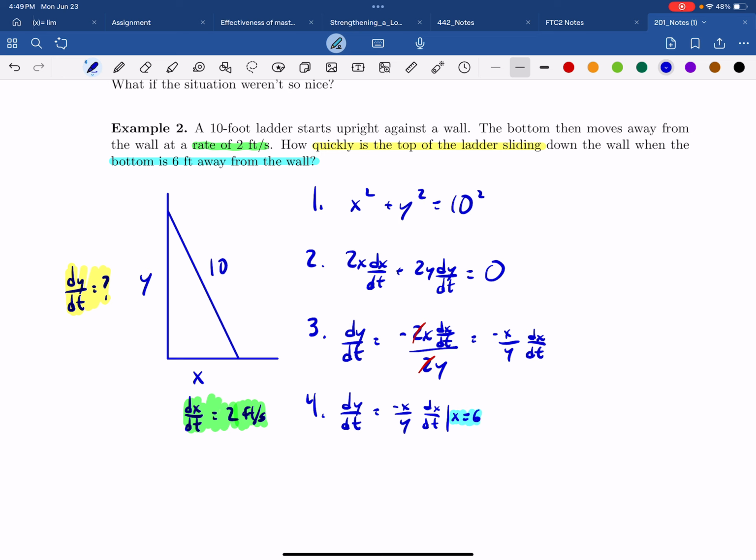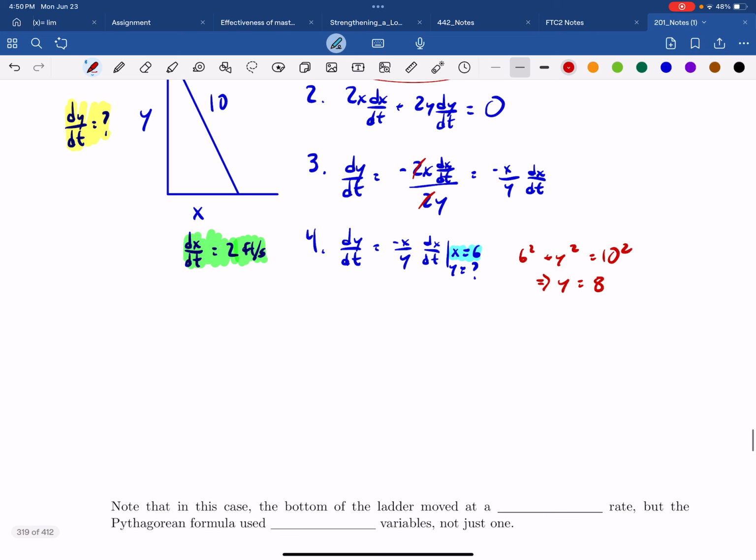Did they tell us anything about y? Well, not explicitly. However, we do know that 6 squared plus y squared equals 10 squared. And when you do that out, that means that y equals 8. Right, plus or minus 8, but you can't have a negative length. So in fact, y equals 8.